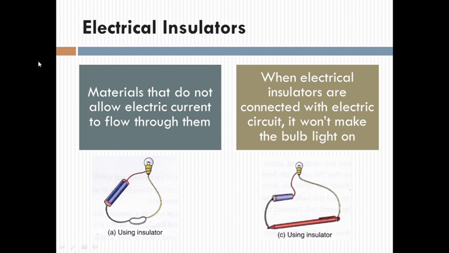Because plastic is an electrical insulator, the energy from the battery cannot transfer to the lamp, even though there is no space here. So, be careful if you want to connect these electrical insulators to electric circuits. It's impossible to produce energy or electricity.